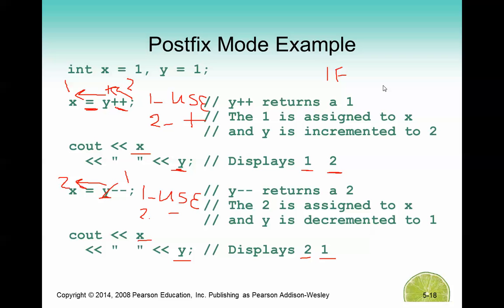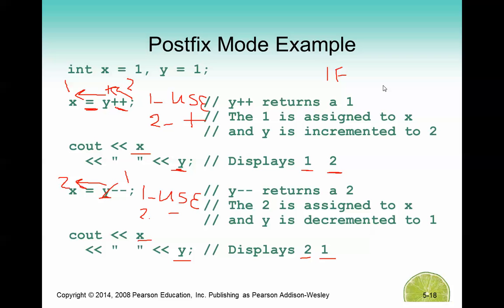That's our next topic. We're going to be counting with the plus plus, or decrementing with the minus minus, instead of writing the whole statement with a combined assignment operator, plus equals or minus equals, or the long method that we learned at the beginning of the semester. So this is just another method, but you need to be aware that it's going to make a difference where you place the plus plus or the minus minus, before (prefix) or after (postfix).